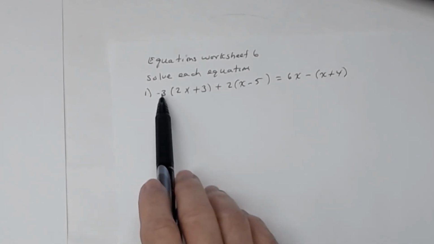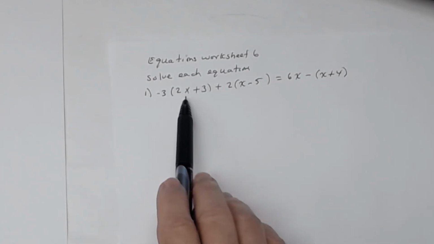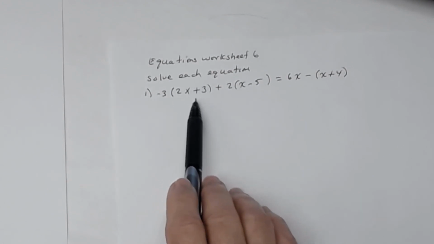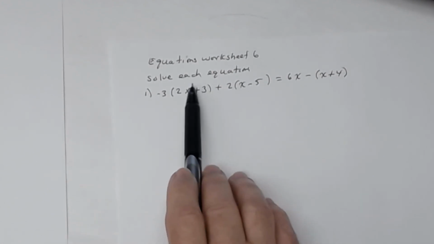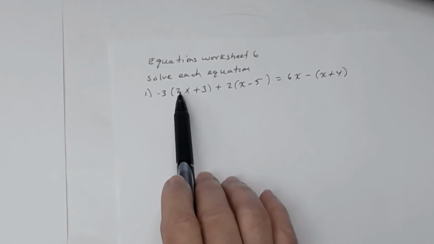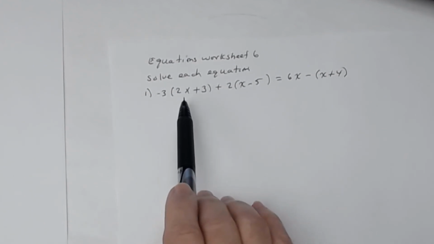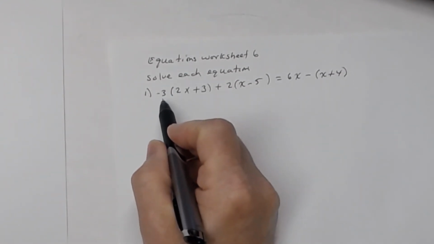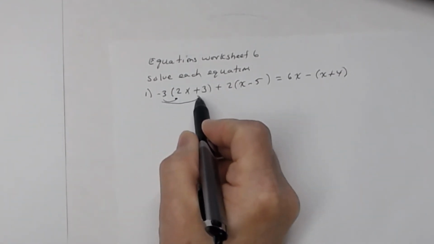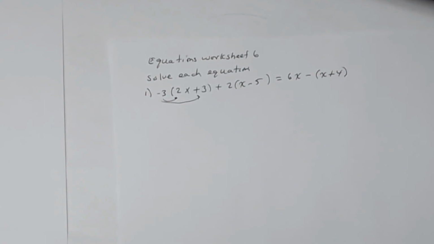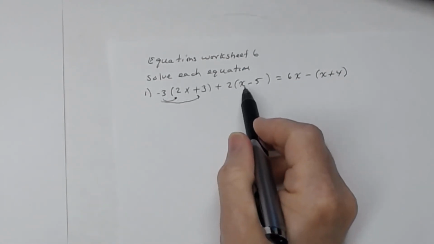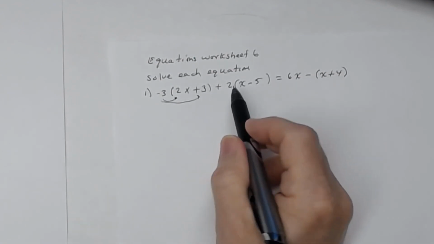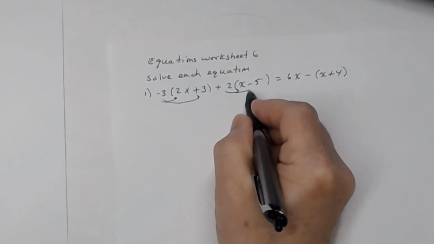When I read this as negative 3 times, and then in parentheses, 2x plus 3, we have this binomial, these two terms that are being multiplied by negative 3. That's where the distributive property comes in. Some students like to show this to imply that they're going to multiply each of those two terms by negative 3. And the same thing here, they're going to multiply x and a negative 5 by a positive 2.